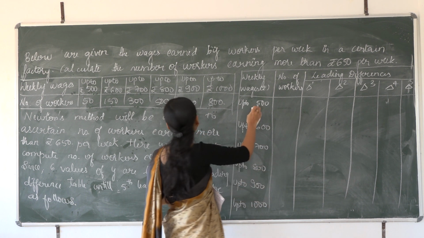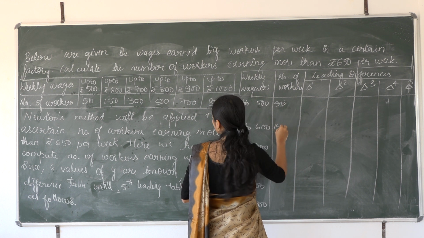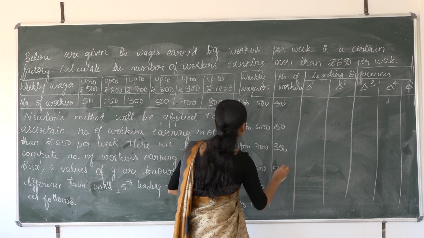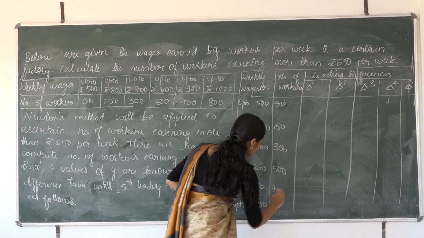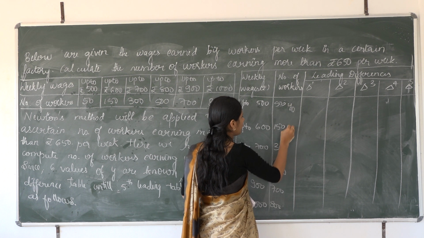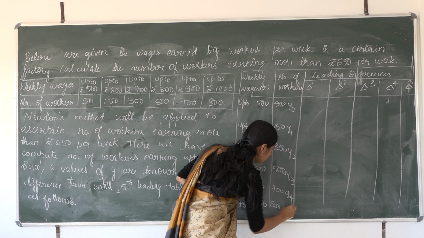Next, number of workers earning up to 500 is 50. Next it is 150, 300, 500, 700 and 800. We will give the values as y0, y1, y2, y3, y4 and y5.